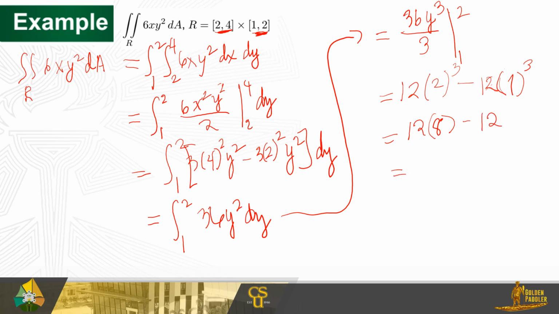So 8 twelves minus 1 twelve, we have 7 twelves. So 7 times 12, that is 7 times 2 is 14, 7 times 1 is 7 plus 1, 8. So we have 84. Okay, so this will be our final answer.